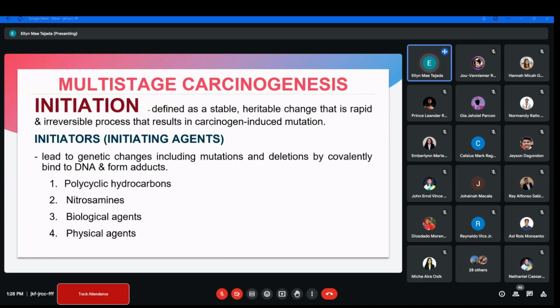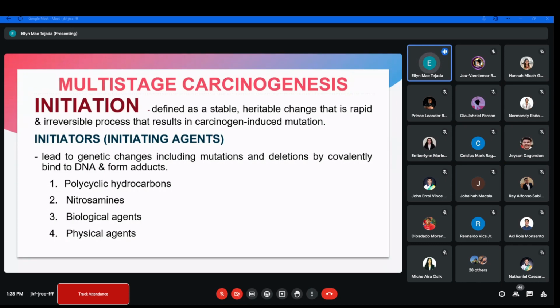Initiating agents lead to genetic changes, which include mutations and deletions, by which chemical carcinogens covalently bind to DNA to form adducts.